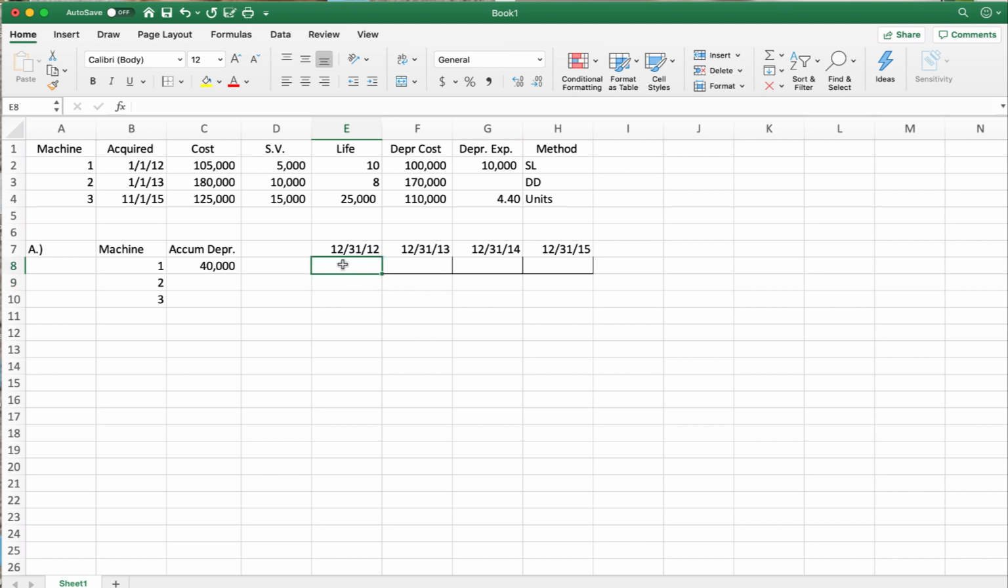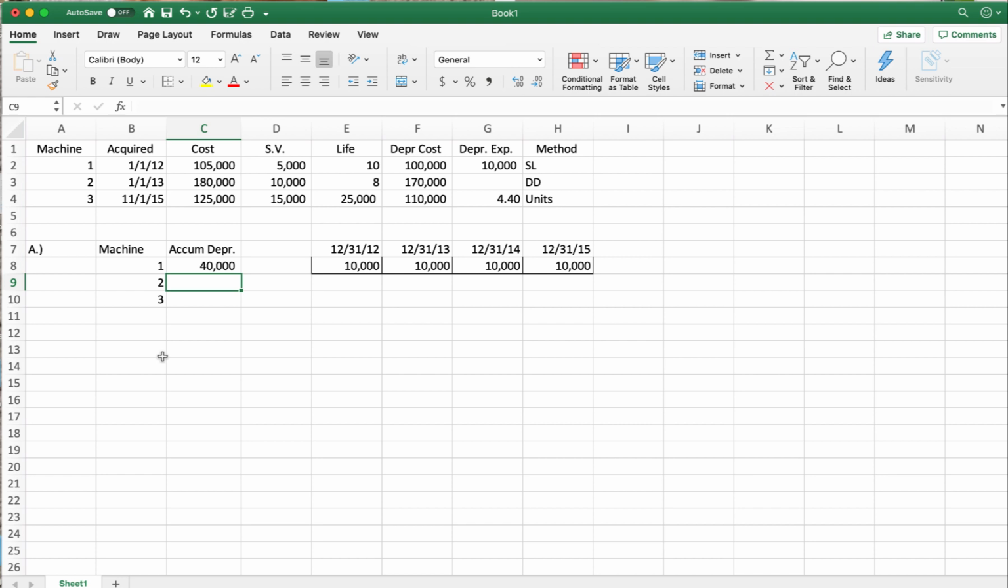That means in year 1, I get $10,000 of depreciation. Year 2, I get $10,000. Year 3, which is 2014, I get $10,000. And the final year, year 4, I get $10,000 of depreciation. If I add all these up, I get my $40,000. Okay? So that's the answer to A, right? Now to B.